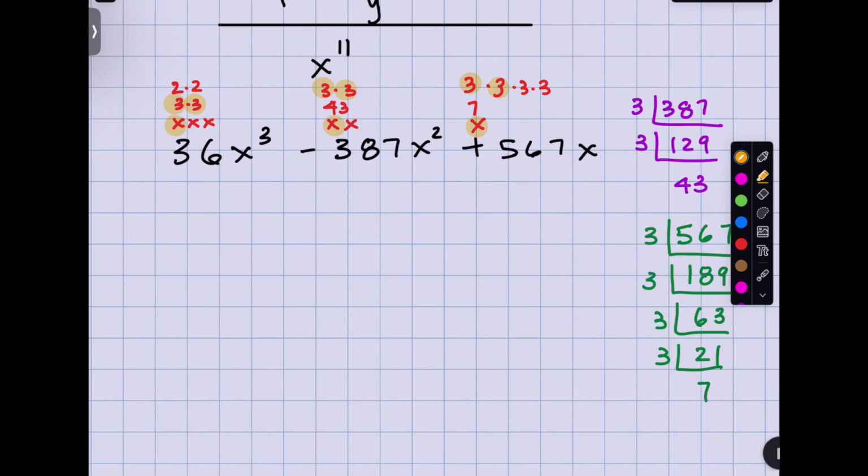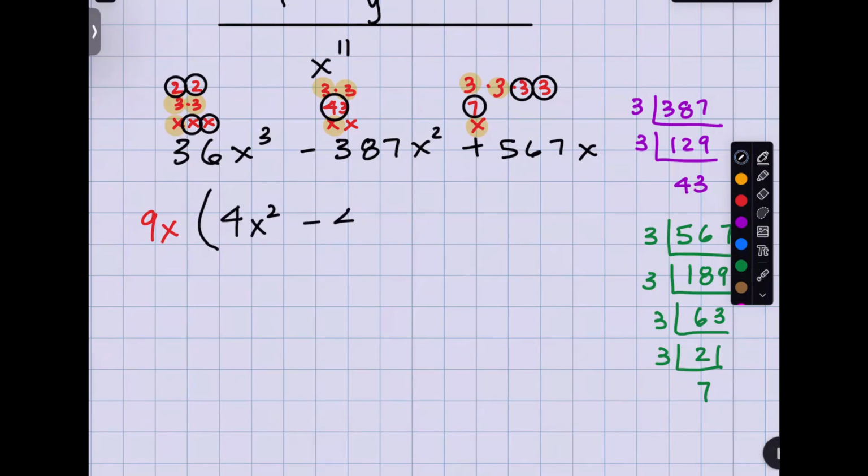See where my GCFs are? I forgot a circle here.